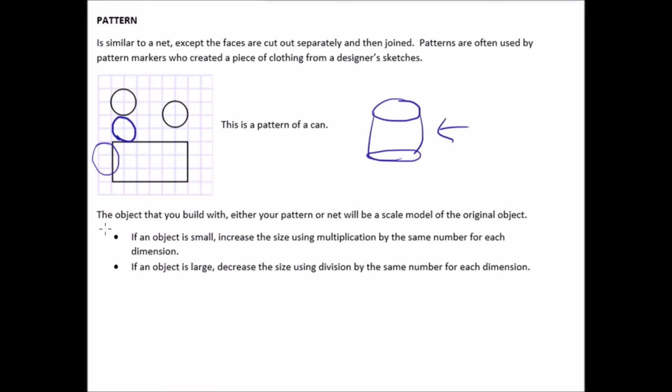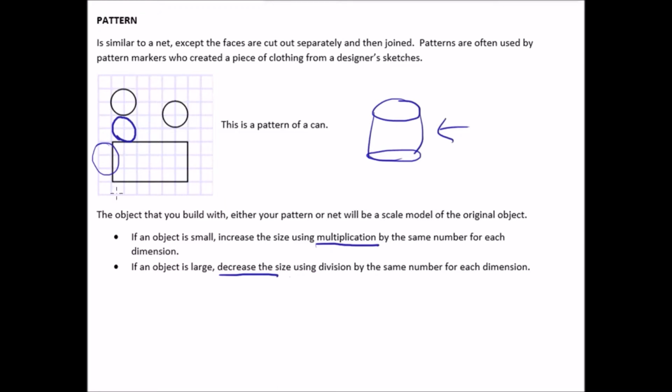Okay, so the object that you build with either your pattern or net will be a scale model of the original object. If an object is small, we increase the size using multiplication by the same number for each dimension. And if the object is large, then we decrease the size using division by the same number for each dimension.